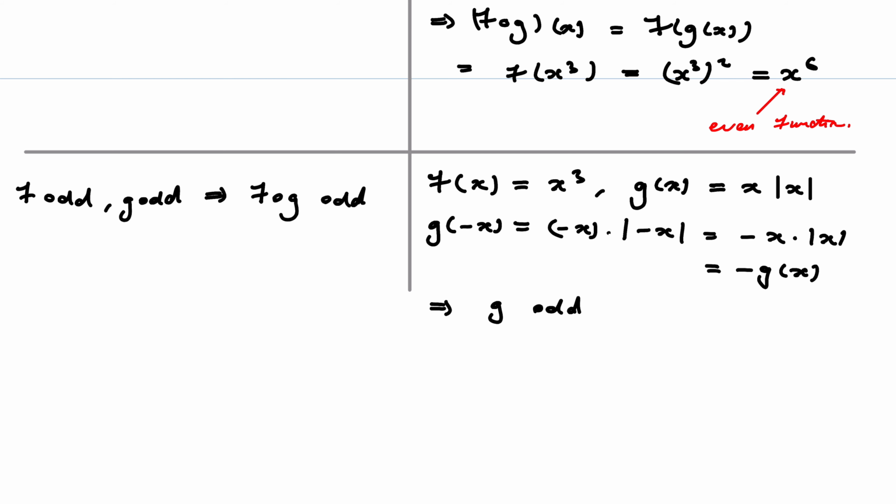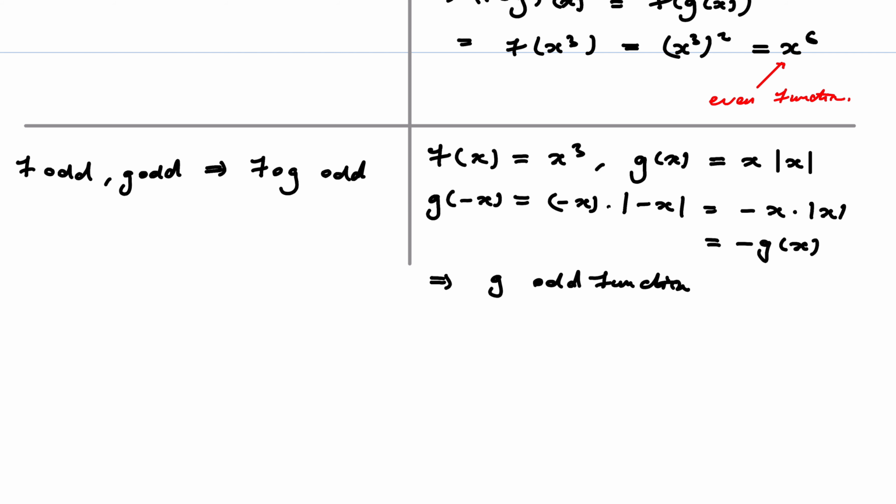So we checked it from first principles, right? We saw that if I feed in minus x, I get minus of the output if I feed in x. So what happens when I compose now? So let's see this. Okay, this one's a tough one. So it's f composed with g of x.